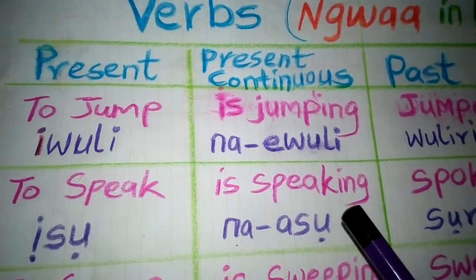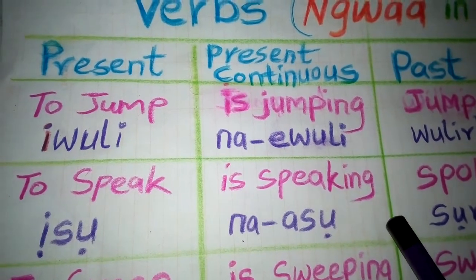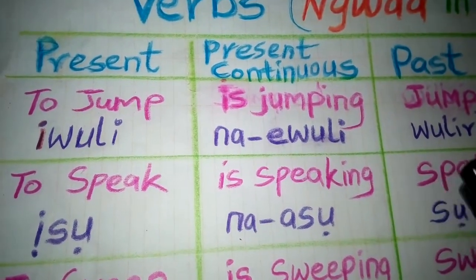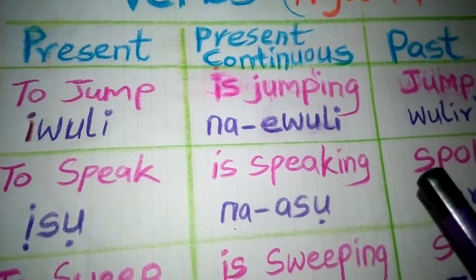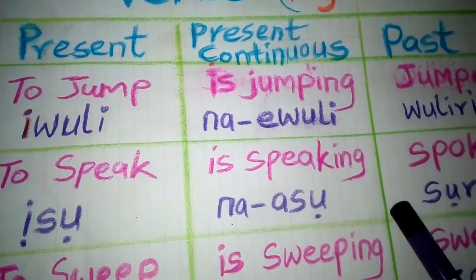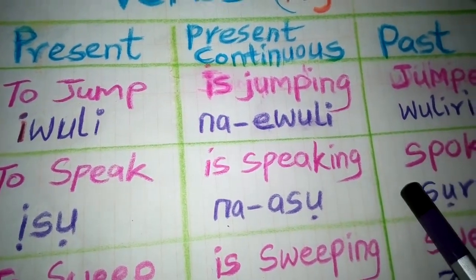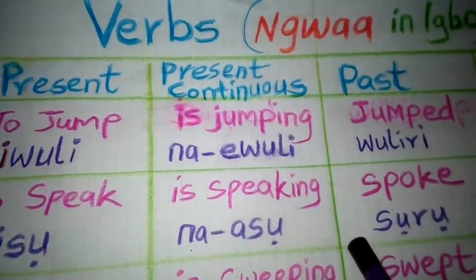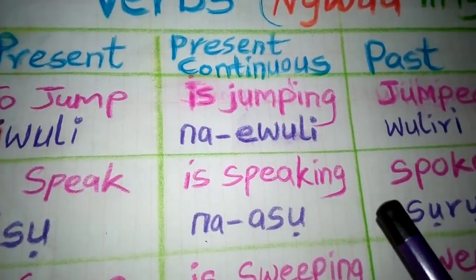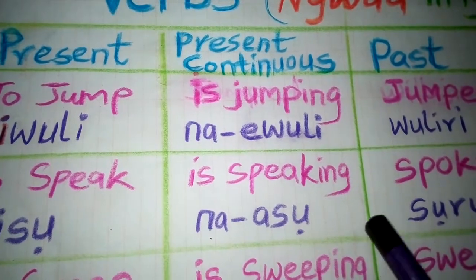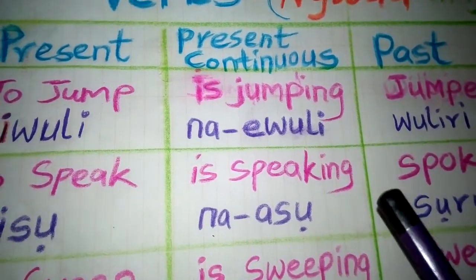In this video we're going to be talking about verb tenses: the present tense, present continuous tense, past tense, and future tense.